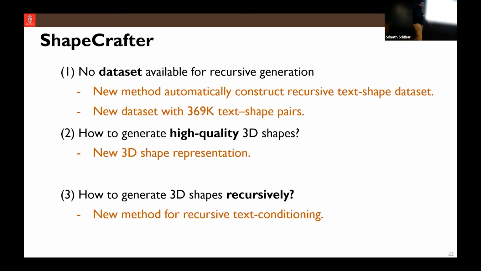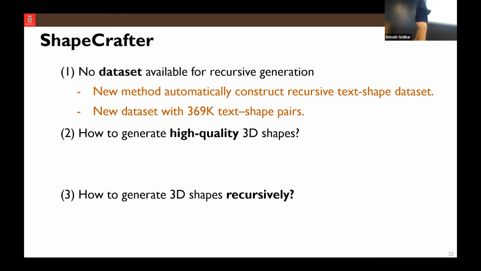So in this work, ShapeCrafter, we address these three challenges, and I'm going to be talking about these challenges and our solutions. So first, let's start with the lack of existing data sets. Most existing data sets, both for text-image pairs as well as for text-shape pairs, are limited to single shape, text prompt pairs, right?